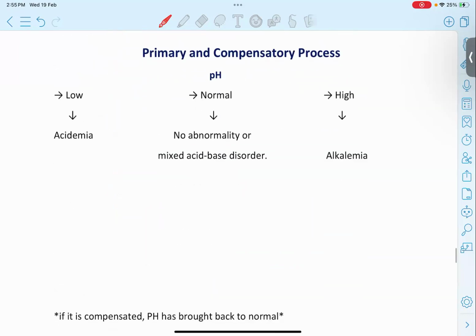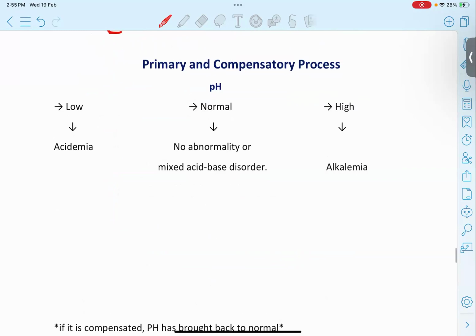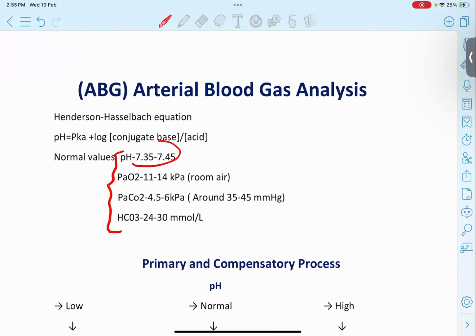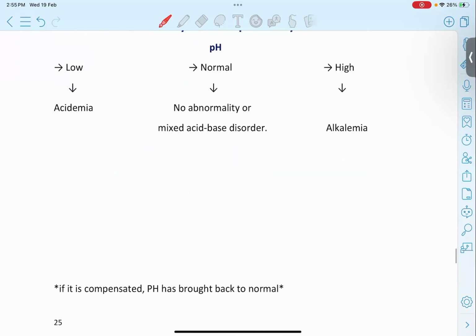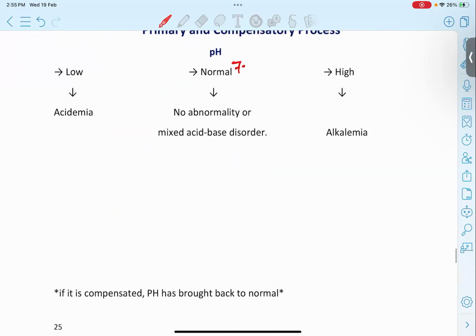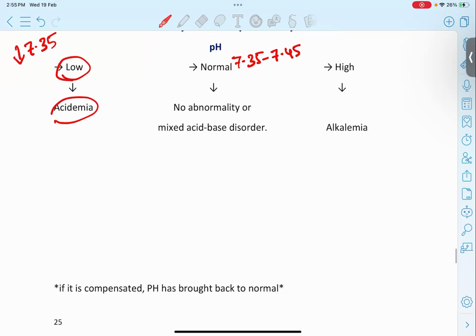Now I will move into the pH and the compensatory mechanism. So pay attention, okay? Normal pH is 7.35 to 7.45. If it is below 7.35, that is called acidemia.